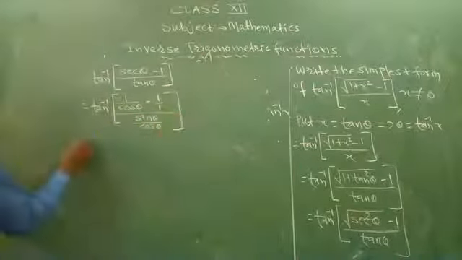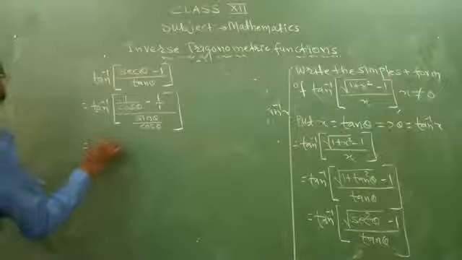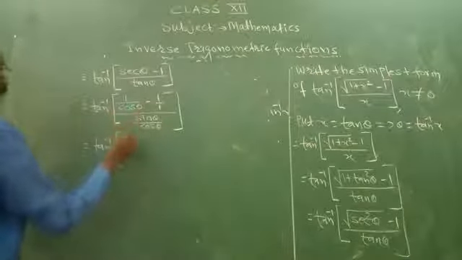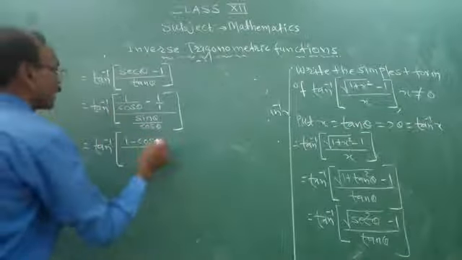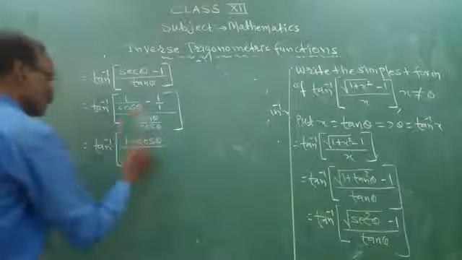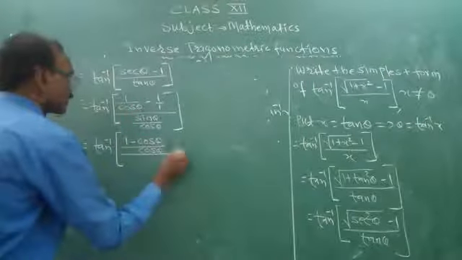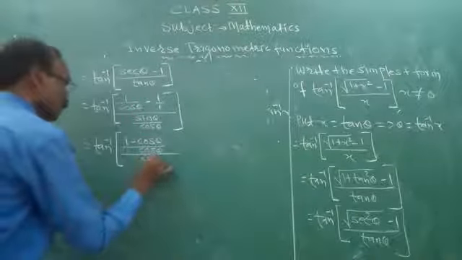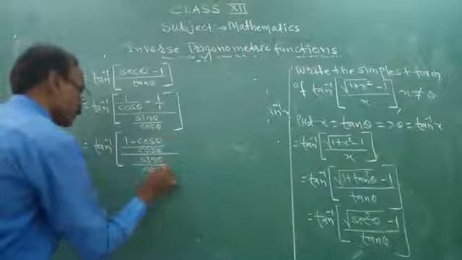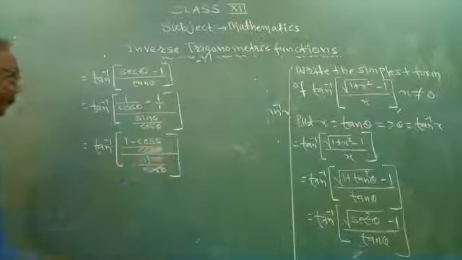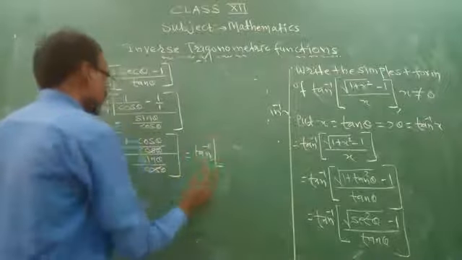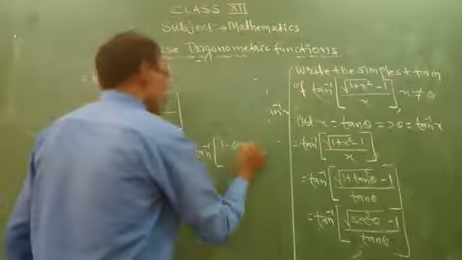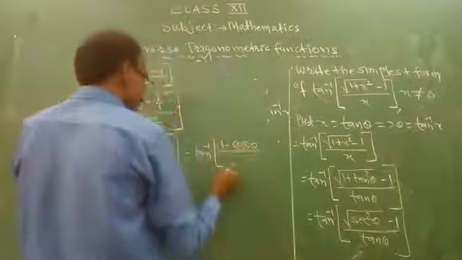Okay, that is equal to tan inverse of 1 into 1, this 1 minus cos theta upon cos theta, whole divided by sin theta upon cos theta. So the cos theta will cancel. That is equal to tan inverse of (1 minus cos theta) upon sin theta.